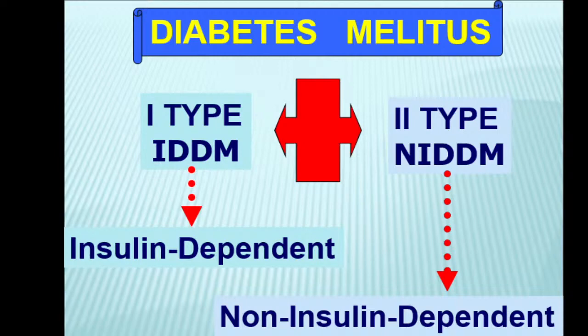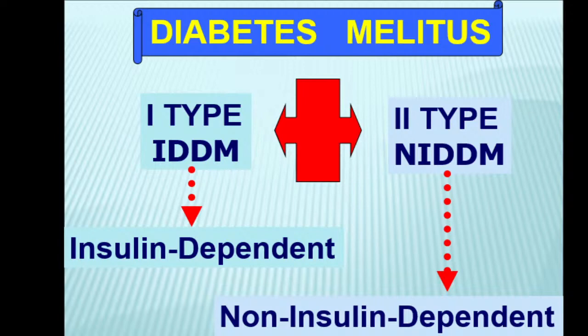The second type, or non-insulin dependent diabetes mellitus, appears due to decreased sensitivity of the tissue to insulin, or if the activity of insulin is decreased. In this case, we can stimulate the activity of the patient's own insulin or increase the sensitivity of the tissue to insulin. In other words, second type diabetes mellitus does not need insulin correction.